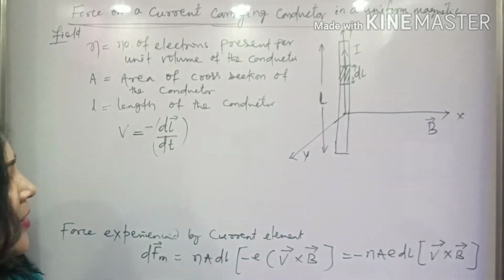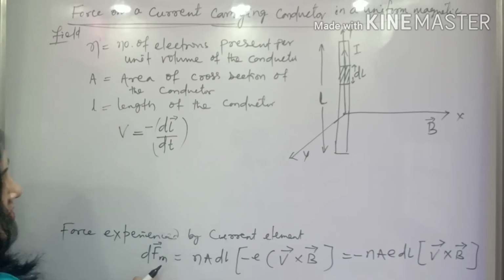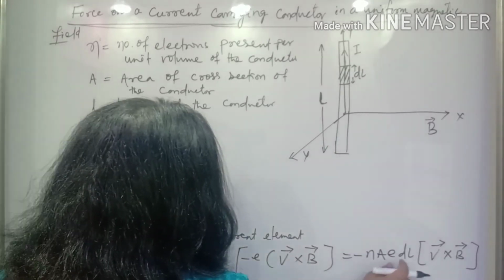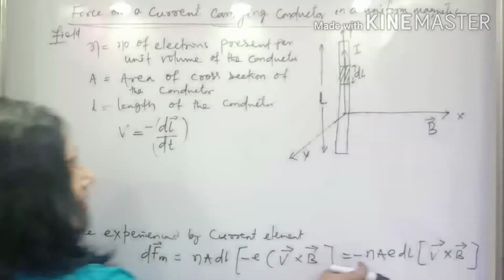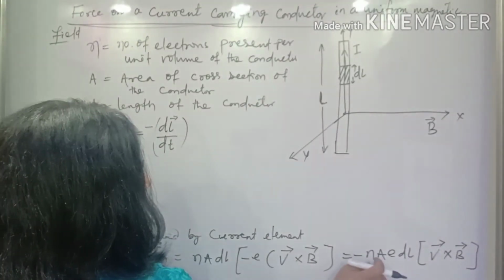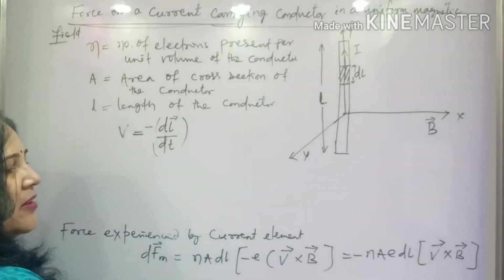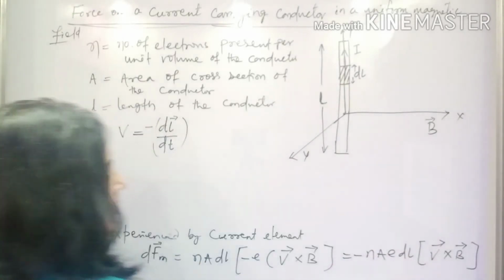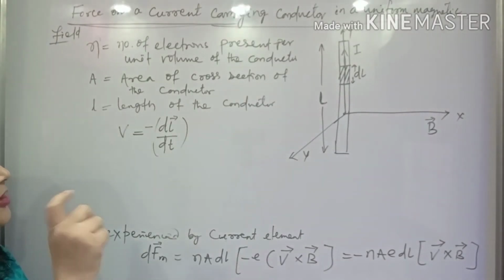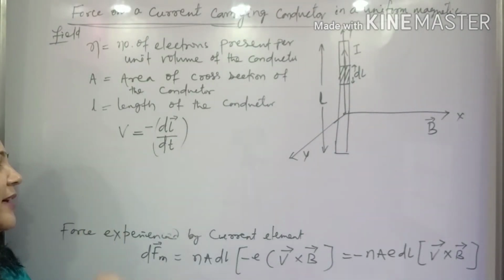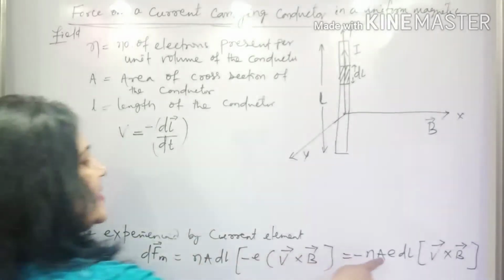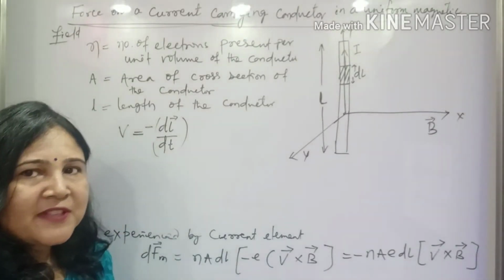Now again you see in this last expression dFm, what is this NaeDl? NaDl is the volume of that elementary section. And e stands for the charge of each electron.